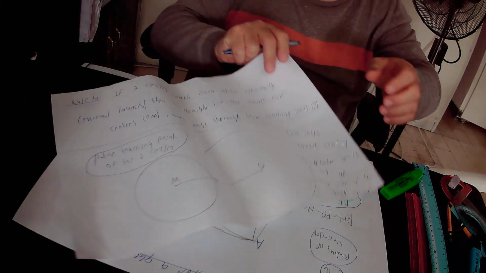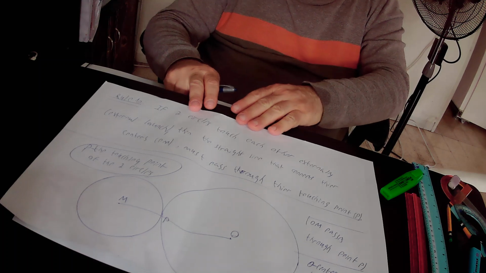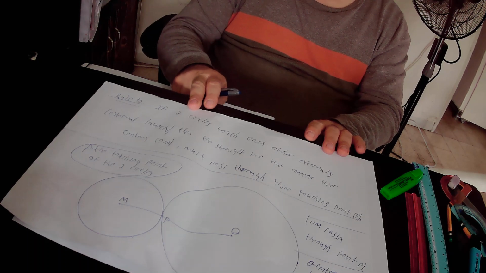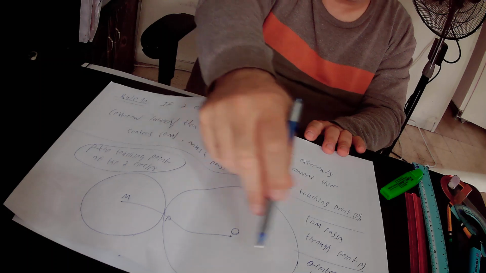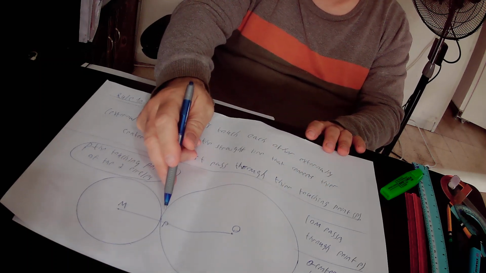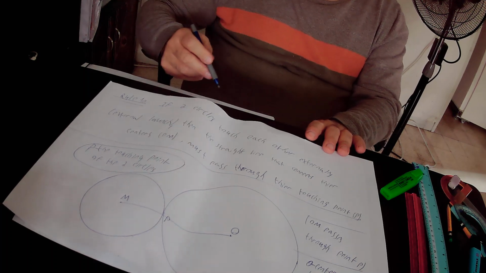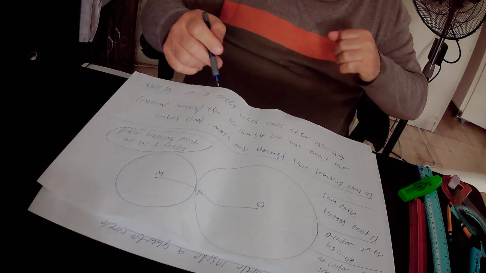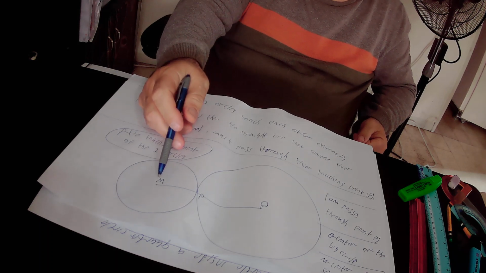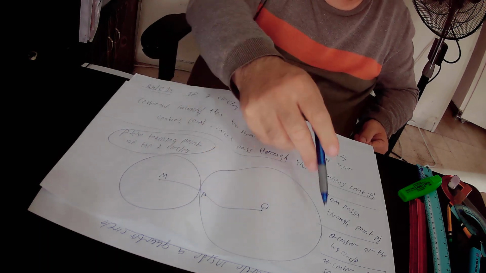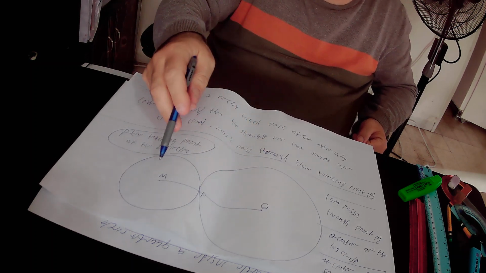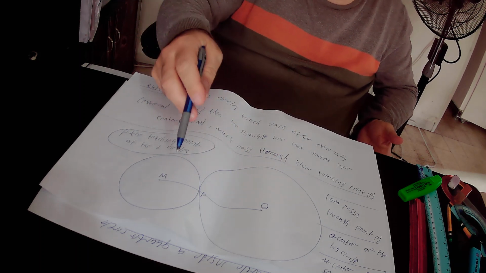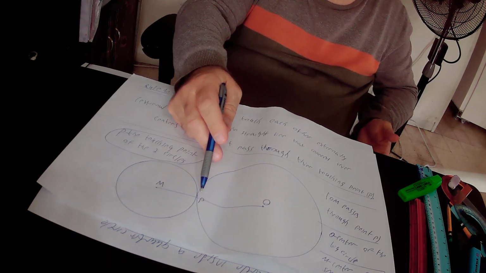I'll repeat quickly rule 10. According to rule 10, if two circles touch each other externally, then, here we can see that this small circle touches this big circle at point P, so they touch each other externally at point P. Therefore, according to rule 10, the straight line that connects their centers together, the center of this small circle is here at point M, the center of this big circle is here at point O, and the straight line that connects their centers together is MO, must pass through point P, that is their touching point.